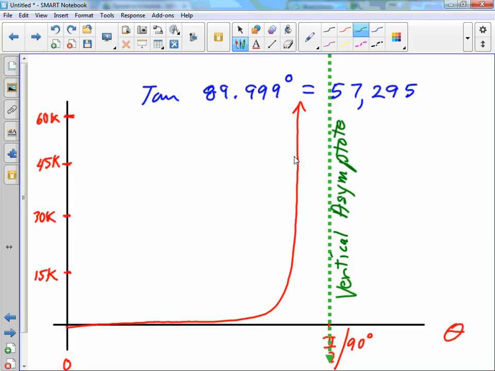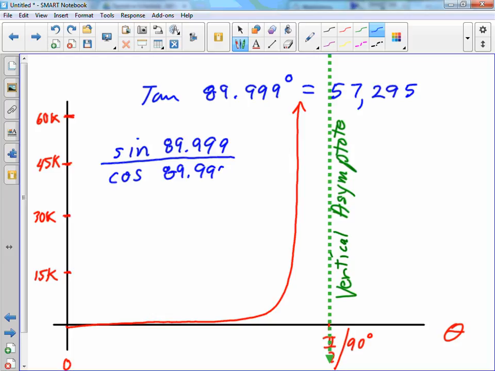It gets closer and closer and closer, and this is a really important concept, everyone. So please understand. And let's talk briefly about why that's happening. Because what's the sine of 89.999? And someone else, this side of the room. Kyle, your side of the room, do the cosine of 89.999.